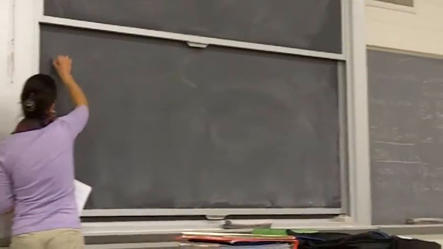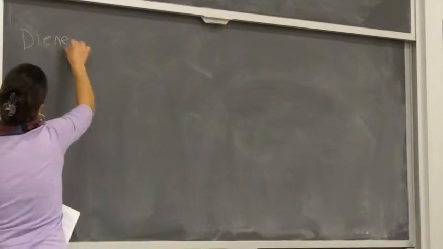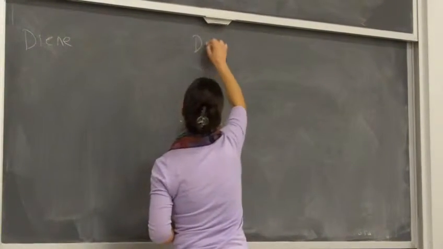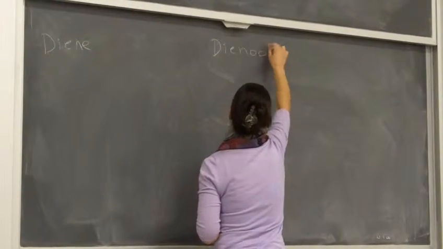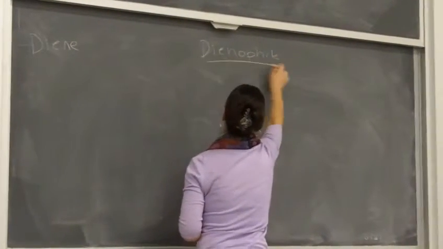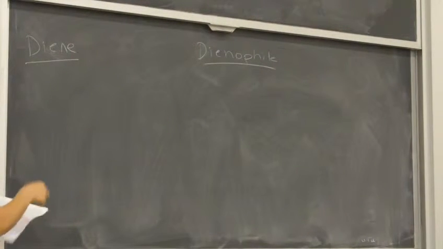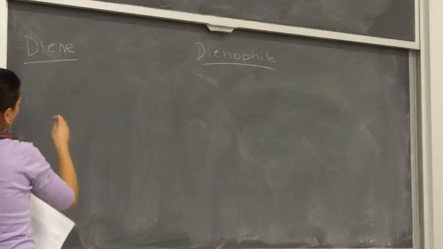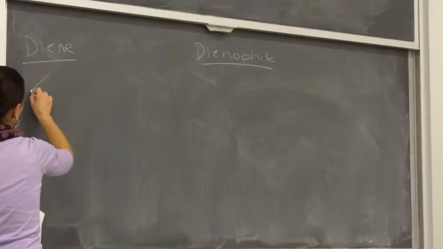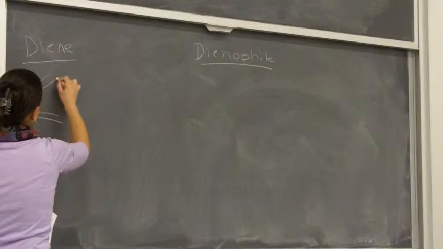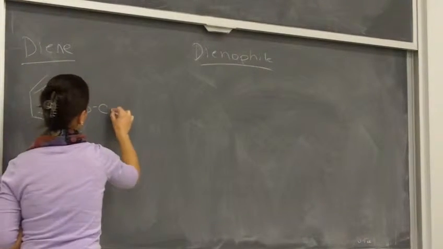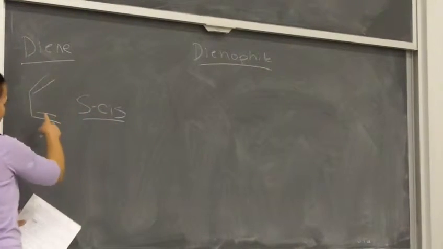So now a couple things we need to talk about before we look at our specific reaction are the pieces. We've got our diene and we've got our dienophile. And what is needed to make this reaction work well with both of these? The diene wants to have a certain conformation for the best overlap. This is the s-cis conformation that you want for the diene, okay?